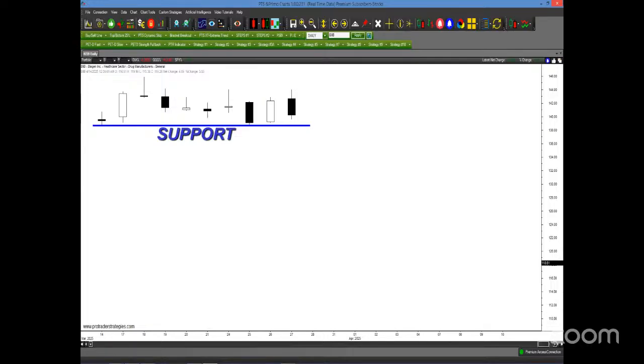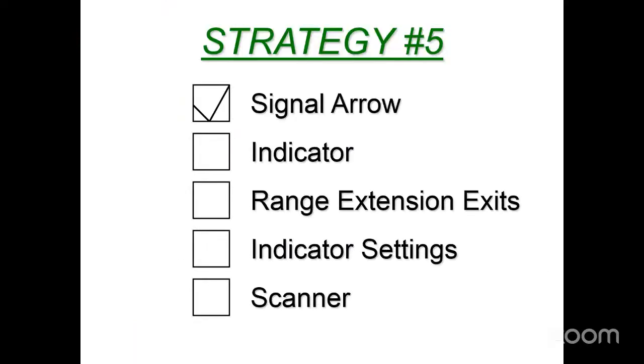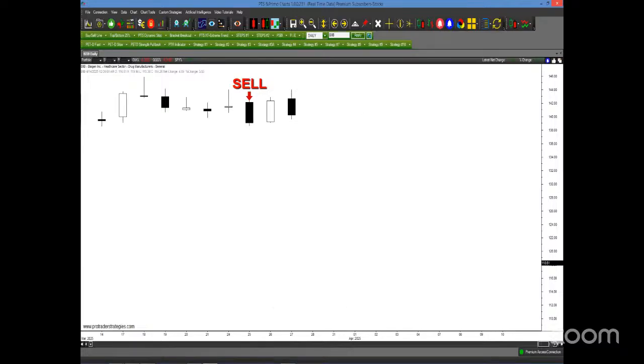So if we apply strategy number 5, click on signal arrow, we see that based on a pattern, the market is telling us that it wants to go lower. But if we want to take it to the next level candlestick, we apply the PET D. And now we see that the bar below the sell signal was colored or outlined red.